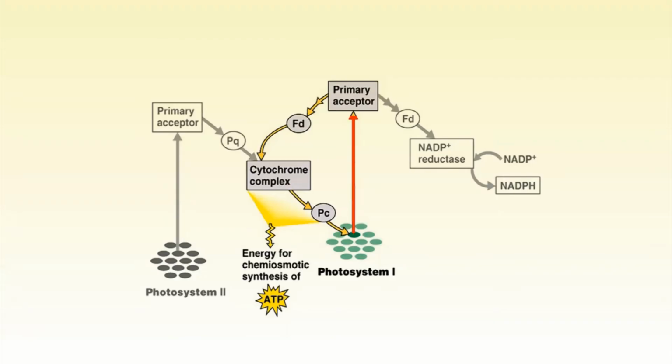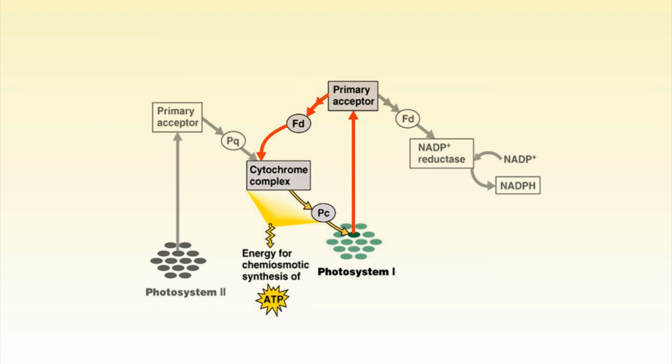Also, on some occasions, when the ratio of NADPH to NADP+ is very high, NADP+ may be unavailable to accept electrons from reduced ferredoxin. In this case, electrons arising from the reaction center of photosystem 1 may take this cyclic pathway as an alternative pathway that does not end at NADPH.